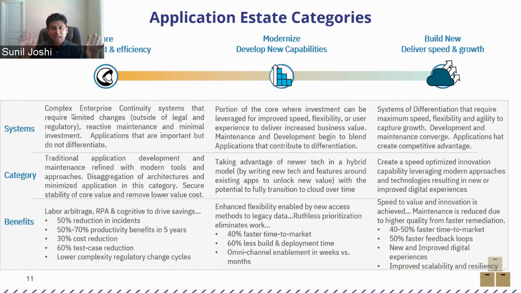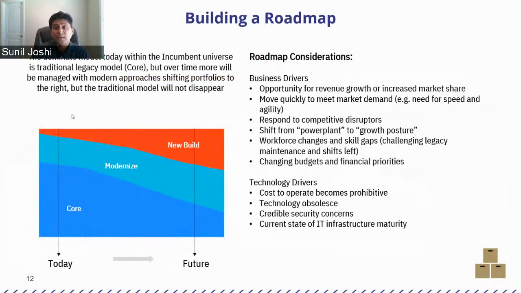So anyway, this is the lay of the land. This is typically what we see in our application estate. This is a very simple view of how typically those types of applications are laid out in terms of, I would say, percentages. The only reason I'm projecting that is the middle one that we see, while the top one should really become more and more broader, but the middle one, which includes the aspects of the integration modernization that I spoke about, should actually grow over time, and the core should actually decrease.